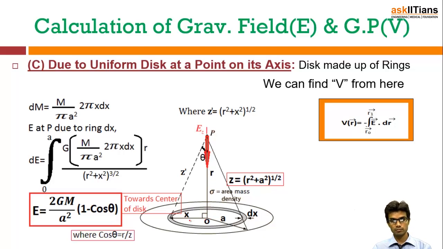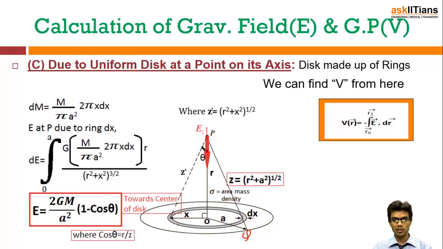Now consider this right angle triangle POQ. For POQ, OQ is a and PO is r. So from the right angle triangle, the hypotenuse z is equal to under root r square plus a square.